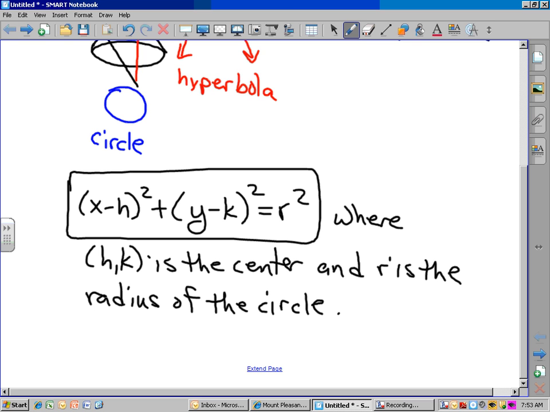So the h and the k tell us the center, the r tells us the radius.